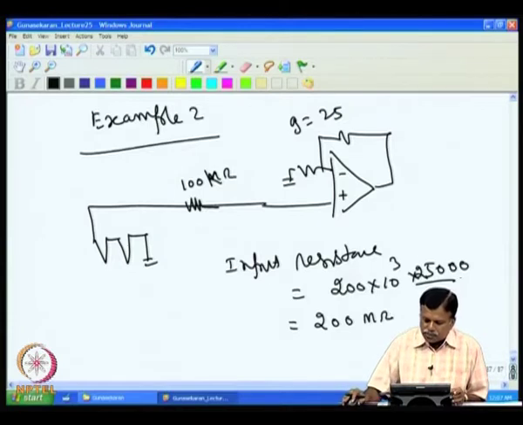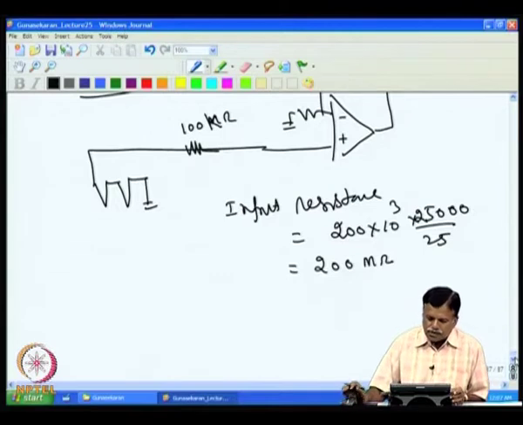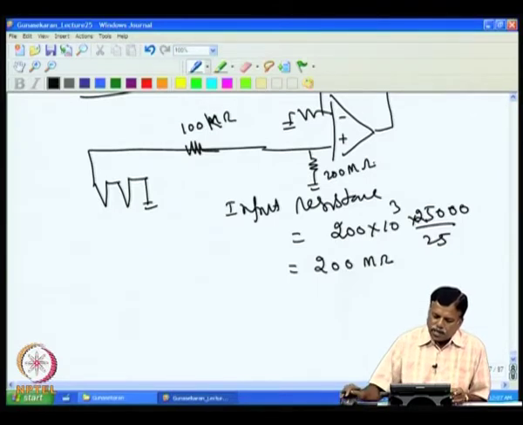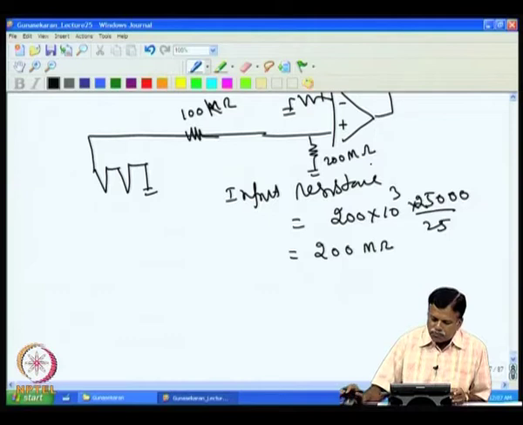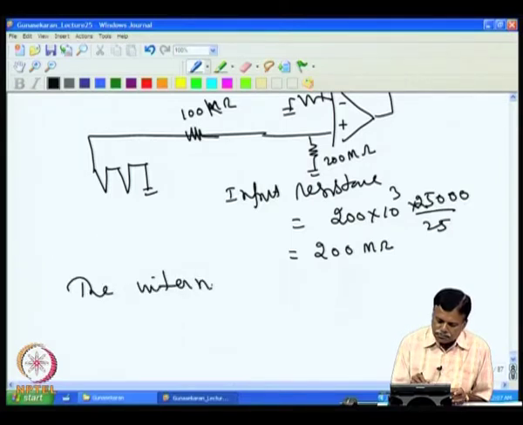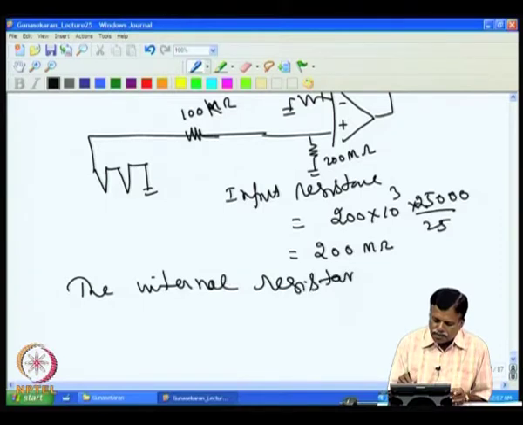Input resistance will come as 200 meg ohm. Now, that is equivalent to saying I have a 200 meg ohm resistance here. Now, I have a 100 kilo ohm resistance, so the voltage drop is due to the internal resistance, which is equal to 100 kilo ohms.